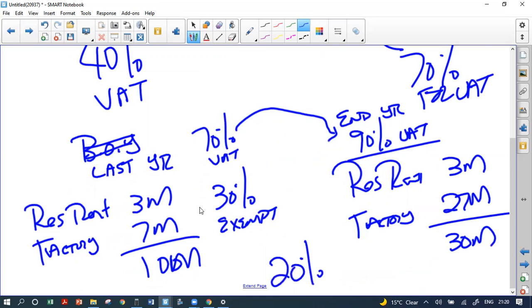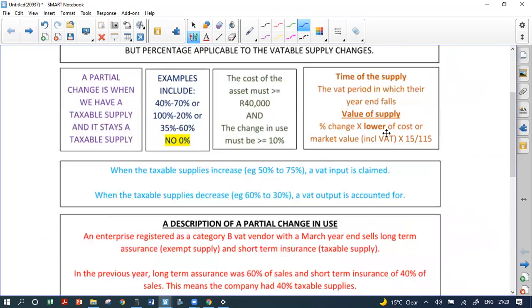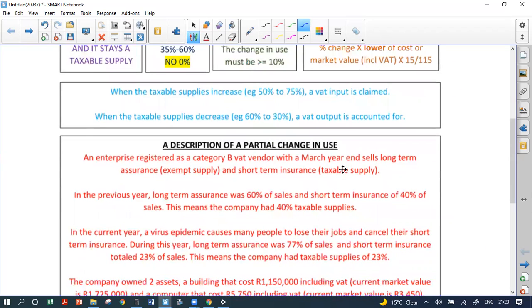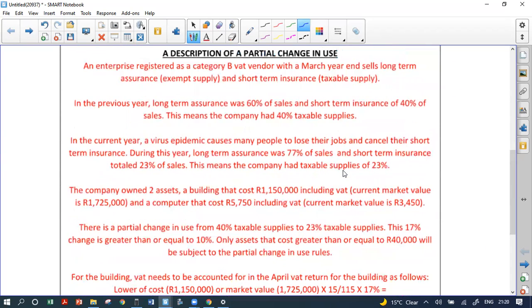It's gone from 70 to 90 times by lower of cost or market value times by 15 over 115. That's what the formula is. So percentage change times lower of cost or market value times 15 over 115. So that's there.